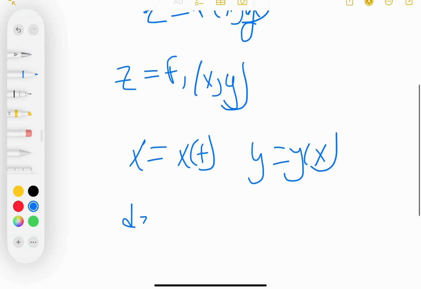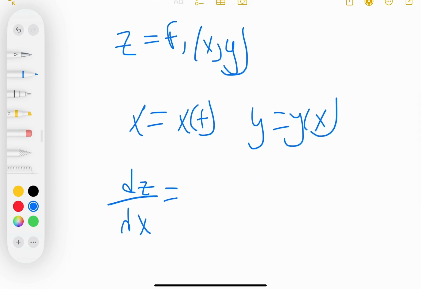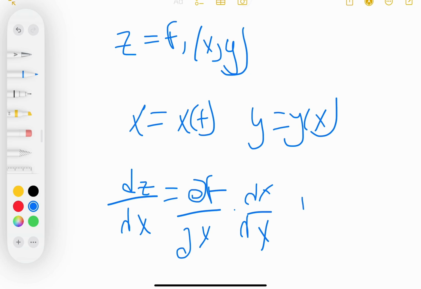Then it would be dz/dt, and then it'll be the derivative of f with respect to x, which is the way we write it in our textbook, times dx/dt, plus the partial of f with respect to y times dy/dt. Oh, it's only x, this is not y.